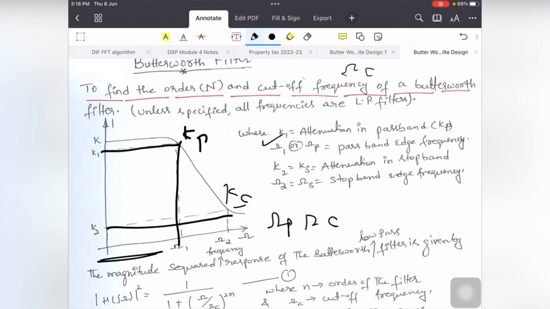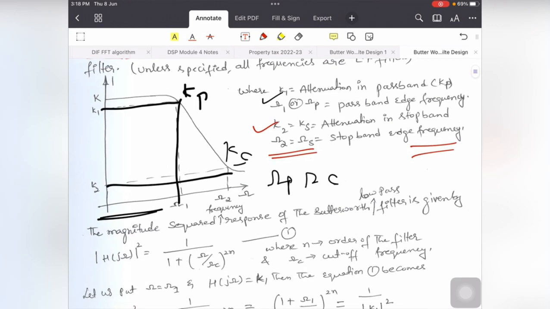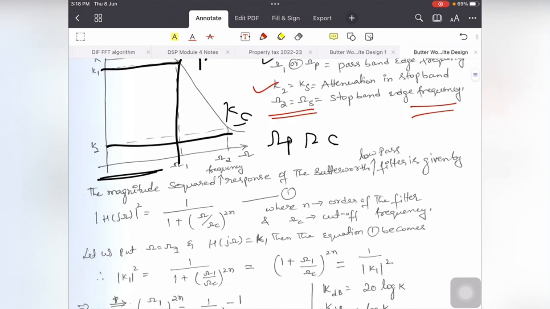Omega 1 or omega p is pass band edge frequency. K2 or Ks is attenuation in stop band, or stop band gain, and omega 2 or omega s is known as stop band edge frequency. So once you know K1, K2, omega 1, omega 2, mark all the specifications in the magnitude squared response. Then continue the procedure.